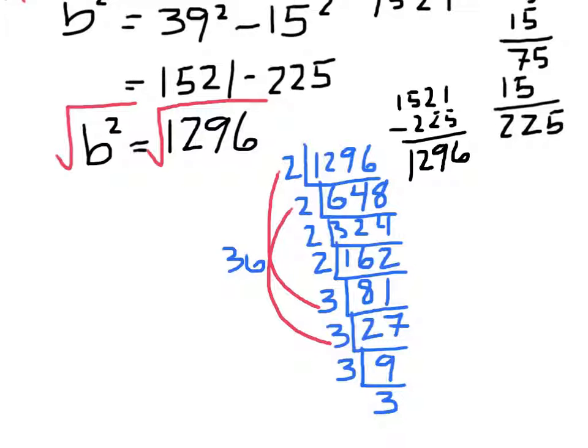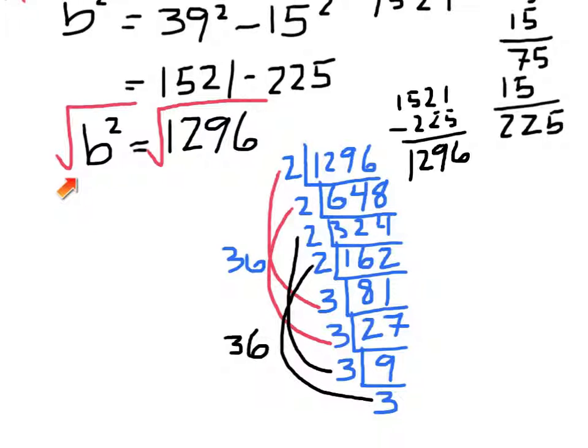Okay, then this 2 times 3 is 6, and that 2 times 3 is 6, and 6 times 6 is, again, 36. Therefore, 36 times 36 is this, 1296. That make sense? Looking for 2 equal factors out of this whole thing.